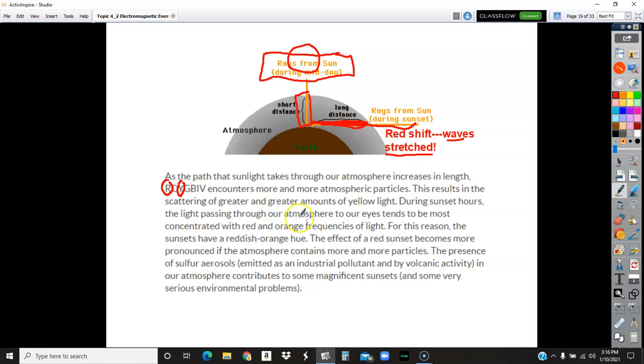Another factor, which is also in here, the effect of a red sunset becomes even more pronounced if the atmosphere has a lot of, unfortunately, particles of pollution. The presence of sulfur aerosols emitted as an industrial pollutant or volcanic activity can contribute to some magnificent sunsets. Sometimes I've had, Mr. Rocco, did you see that sunset last night? It was really cool.